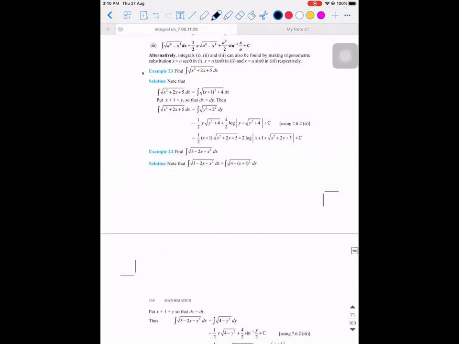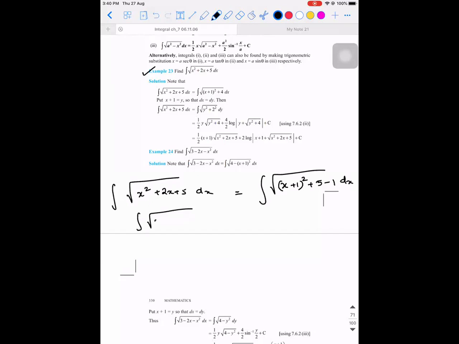So let's see this question. For example, if the question is integral of root of x square plus 2x plus 5, then what are we supposed to do? Integral of square root of x square plus 2x plus 5 dx. I can write it as x plus 1 the whole square plus 5 minus 1, dx. So it will be integral of square root of x plus 1 the whole square plus 4 dx.